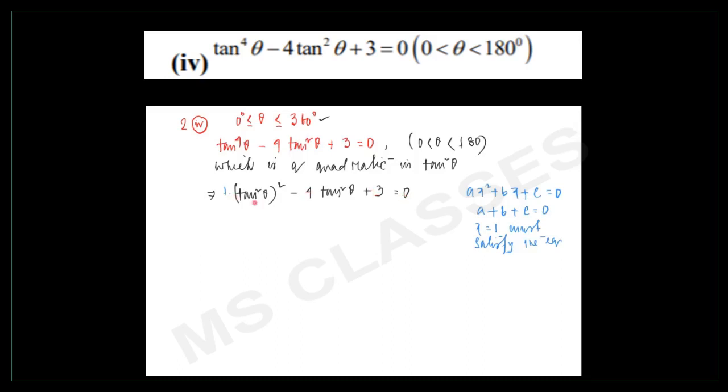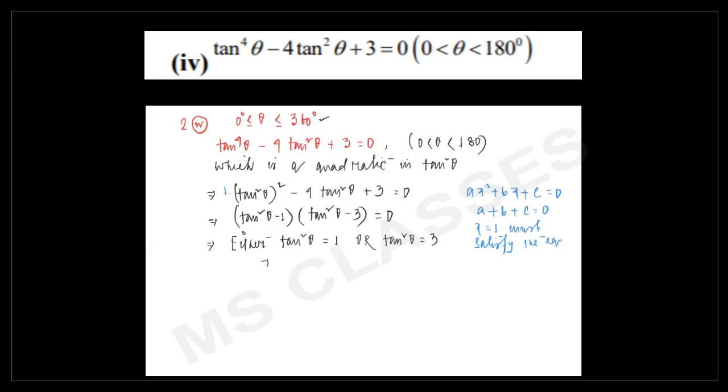So tan square theta equal to 1 must satisfy this equation. So what do we write after this? Tan square theta minus 1 into tan square theta minus 3 equal to 0. From this we get either tan square theta equal to 1 or tan square theta equal to 3.